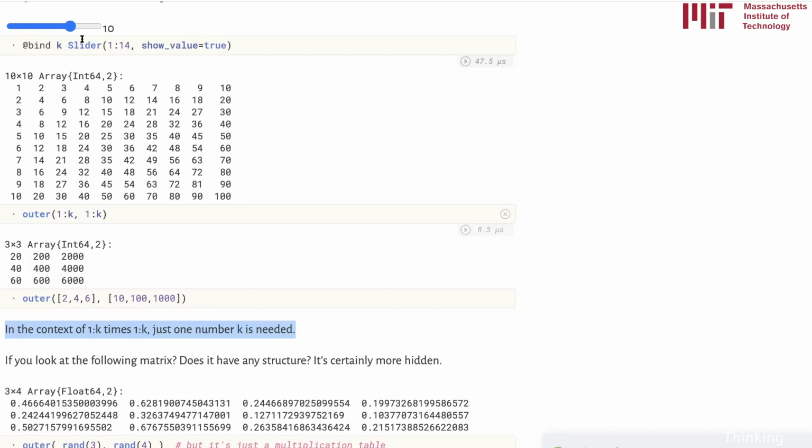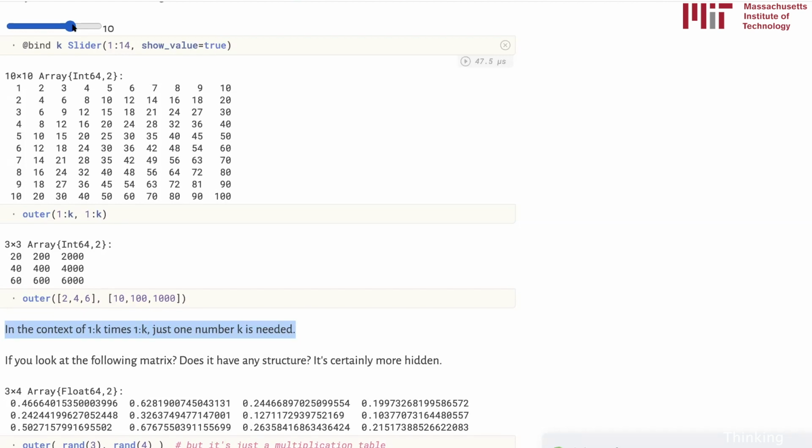You can store all 100 numbers, but if you have context, all you really need is one number, right? The one number 10, or the one number 11, and then you just need some context on how to compute it. If I have a billion by billion multiplication table and I ask you for the entry in the 5, 7 position, you could on the fly tell me it's 35.